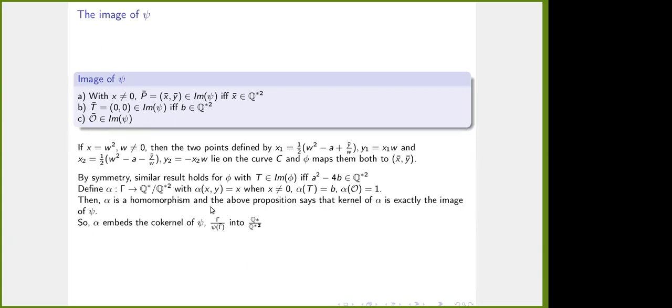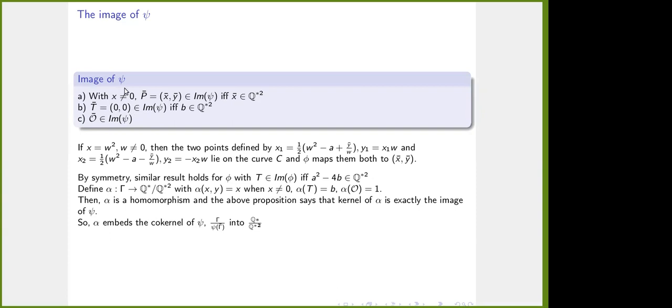The upshot of this calculation is an important point: we can define a map alpha which goes from the group gamma, which I haven't defined, but gamma is the rational points on this elliptic curve, and here I'm taking the elliptic curve C bar, and the map is just take the x coordinate, but you go modulo the rational squares.